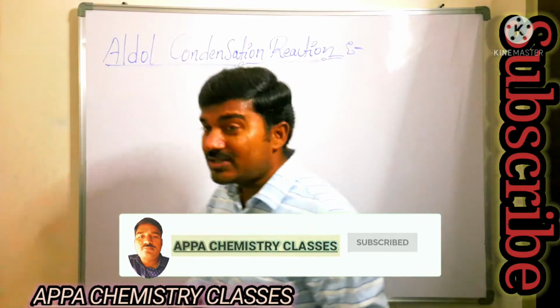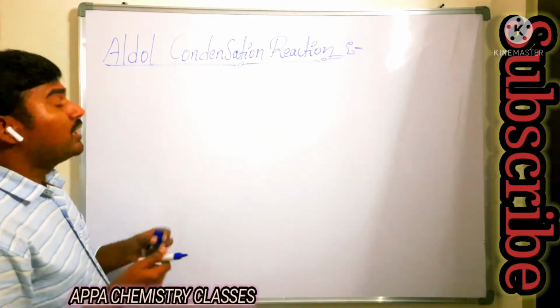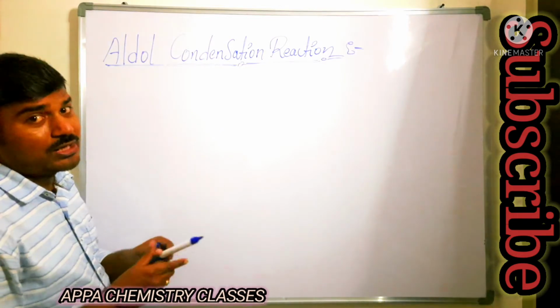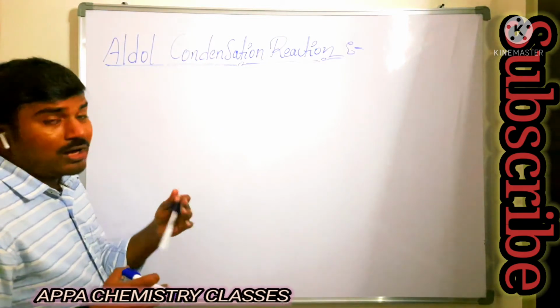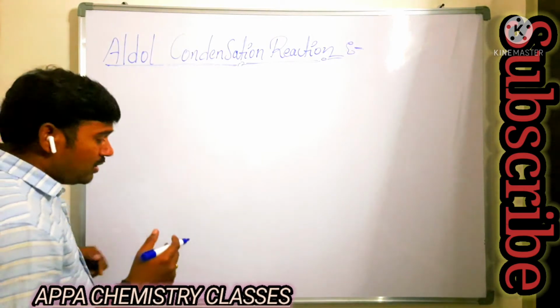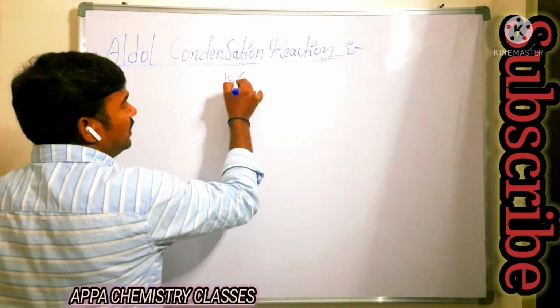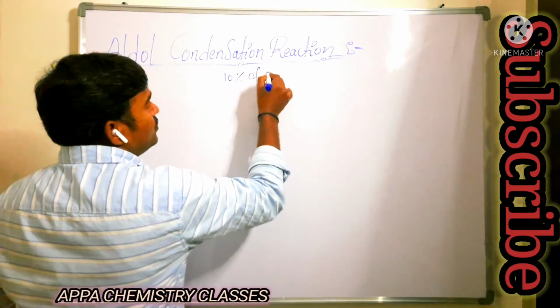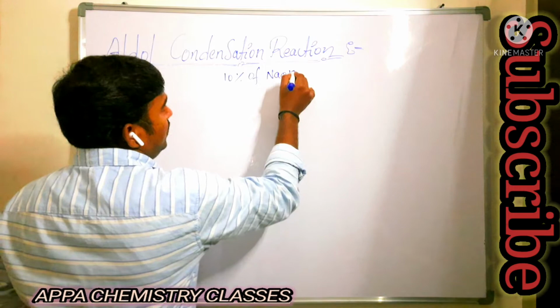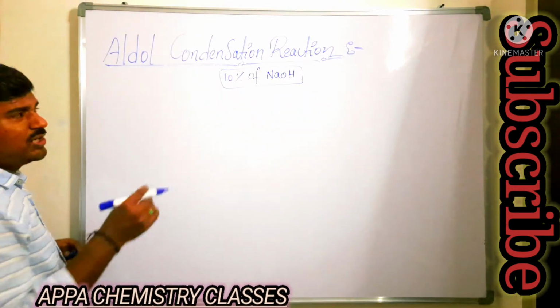So now, what is aldol condensation? Aldol condensation is nothing but at least one alpha hydrogen containing aldehyde or ketone reacting with a dilute alkali. The strong base should be dilute, only 10% sodium hydroxide in water.